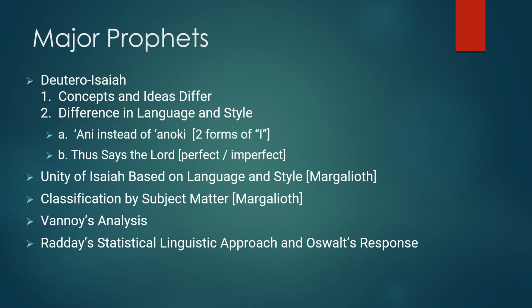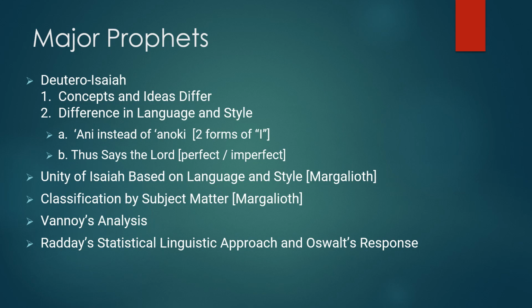Notice what he says, and I quote here, "The nearest thing to objective proof of a lack of unity and a composition that appears is in Y. Rady's impressive investigation." Rady's work is The Unity of Isaiah in the Light of Statistical Linguistics. Rady did a computerized study of numerous linguistic features of the book of Isaiah and compared these in the various sections of the book.